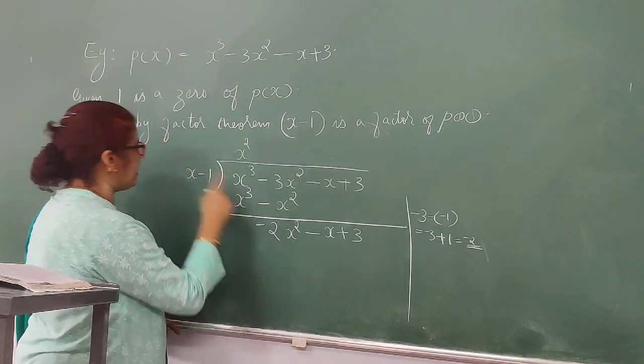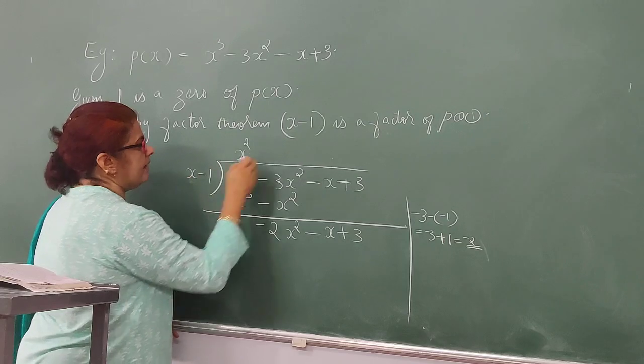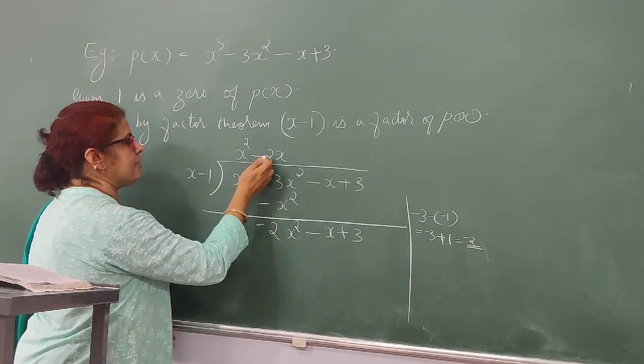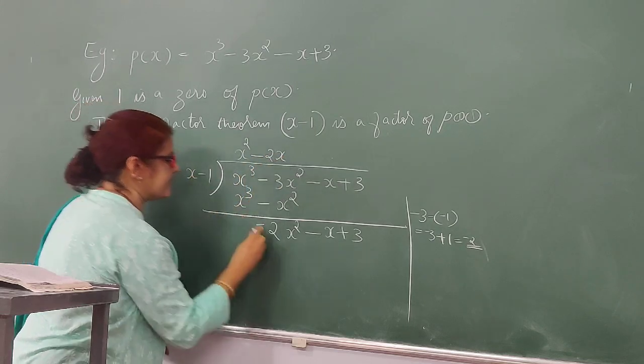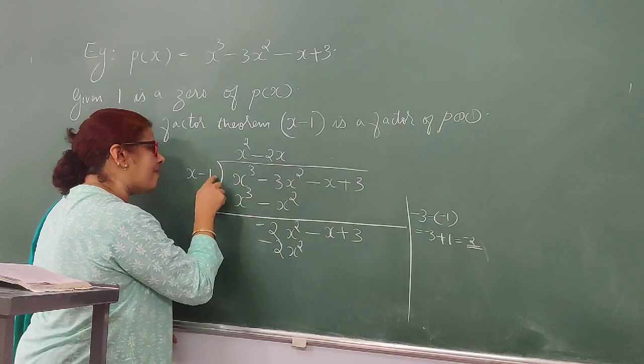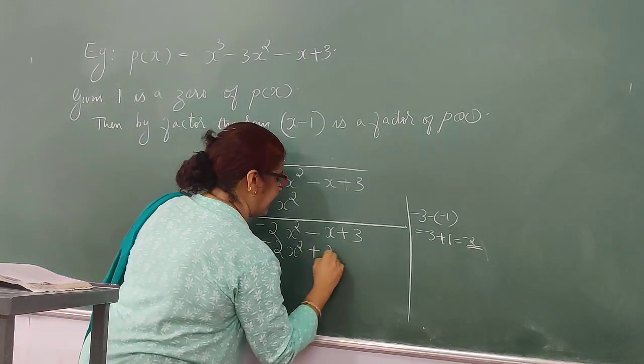Then minus 2x squared divided by x again. It is minus 2x. Then as usual we have to multiply. Minus 2x into x is minus 2x squared. And minus 2x into minus 1 will become plus 2x.